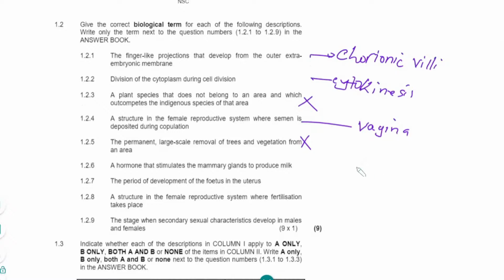Let me write it properly so that you see it clear. It is my handwriting, prolactin. Yes, prolactin. And then they're saying the period of development of the fetus in the uterus, when someone is pregnant.